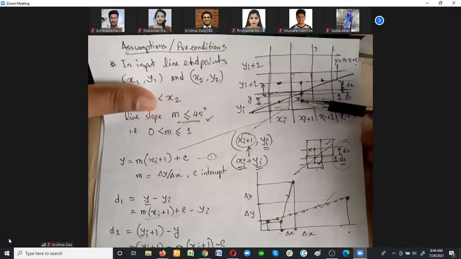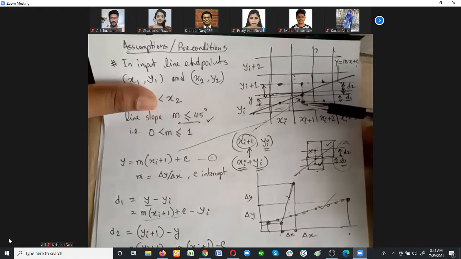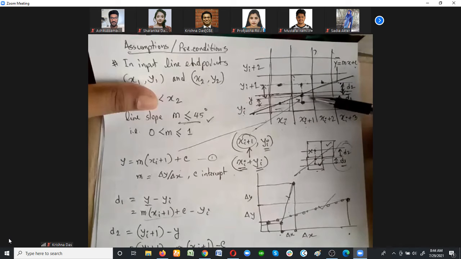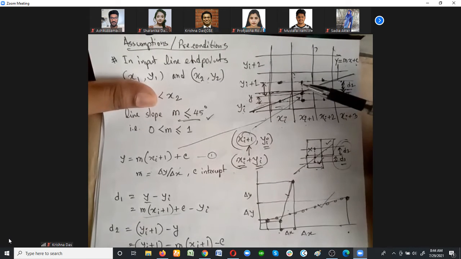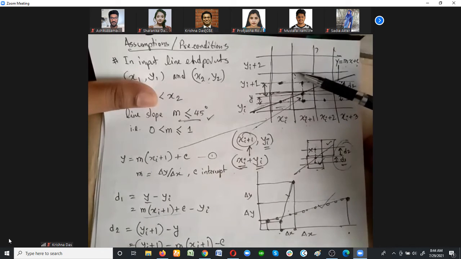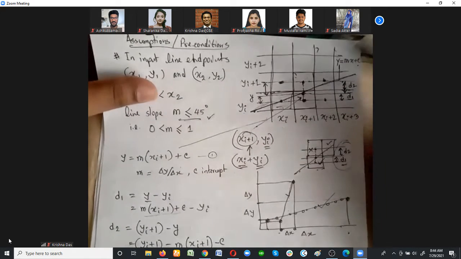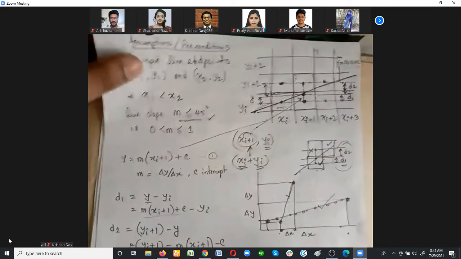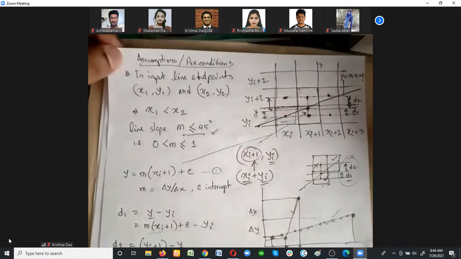So if D1 is small, it is understandable that the lower pixel may be selected. If D1 is bigger, that means the equation becomes positive, then the upper pixel would be accepted. So that is the logic that we can consider.